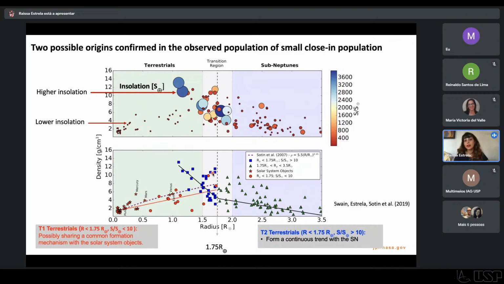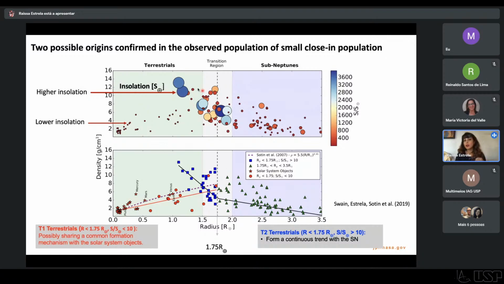So what we see here is that there are two trends. One trend is the low insolation planets that you see here in the bottom panel. They seem to form this continuous trend with the solar system objects that are represented by the star symbol. And this could indicate that these exoplanets with lower insolation levels could possibly share a common formation mechanism with the solar system objects, where collision plays a key role.